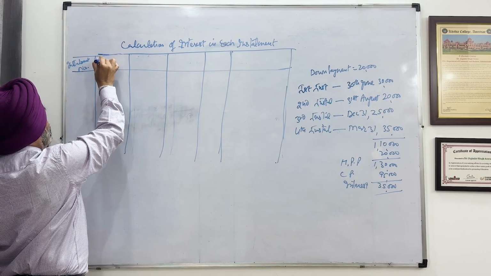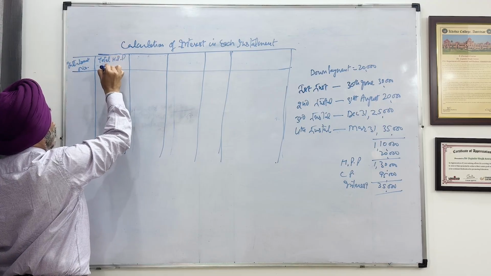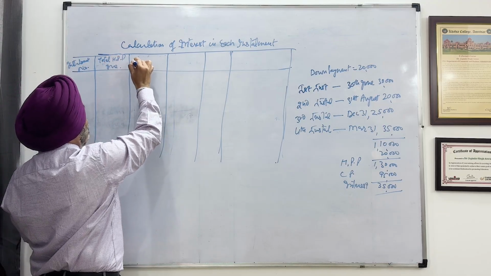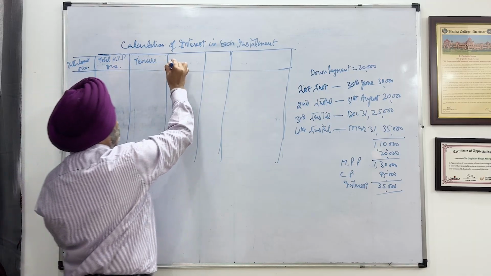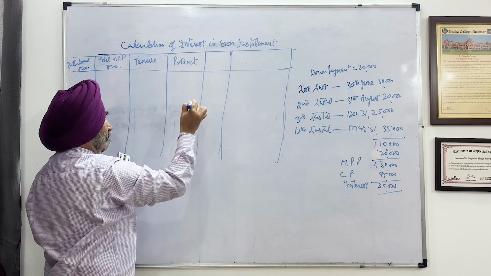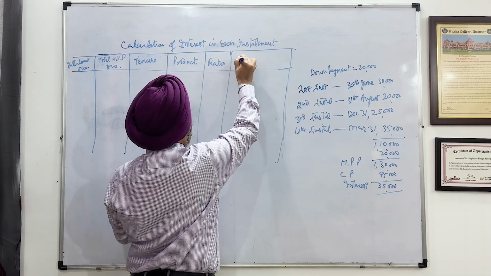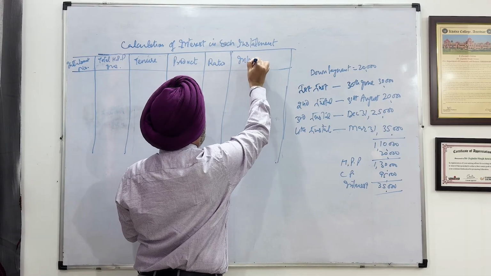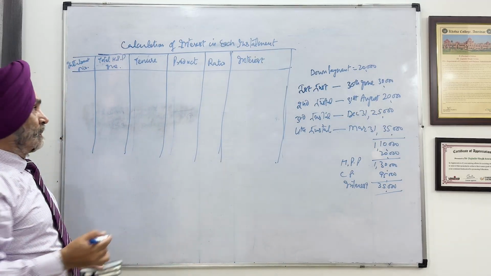This is the total hire purchase price due. This is the tenure, also called as term. This is the product of second and third column. This is a ratio of the product, and then the interest included in each installment.